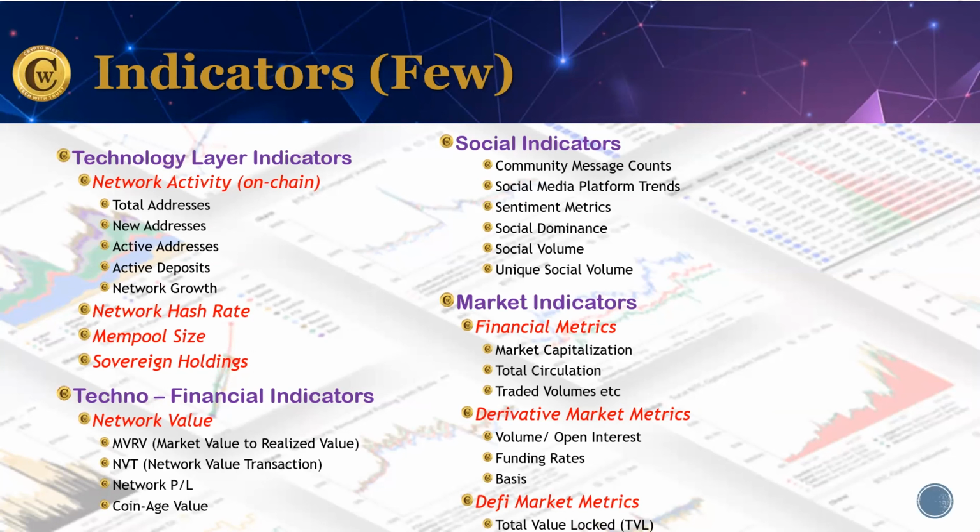Also the network profit and loss is a indicator which will give you like the financial aspects की लोग acquisition किस प्राइस पे किए हैं, अभी होल्ड कर रहे हैं कि नहीं कर रहे हैं, total number of people who are in profit, so they would like to at some certain point of time book in their profits. If that becomes too heavy, or if it's kind of imbalanced, half of the people are in profit, half of the people are in loss, so we can expect some kind of market correction.